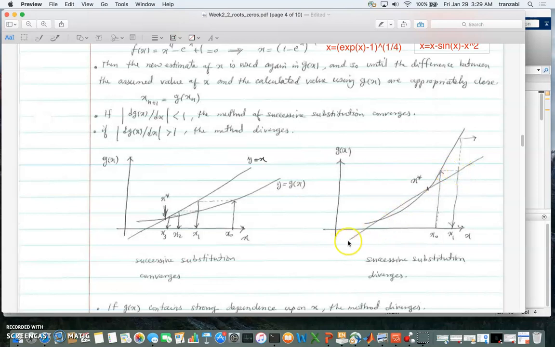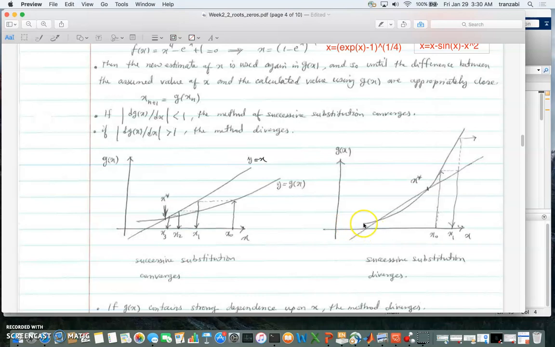But let's say somewhere down here, if you continue this curve, you see around this area, the slope on the curve is smaller than y equals x. And you can start from somewhere here with an initial guess, and you see that you're going to converge even though we go to the right to make steps.